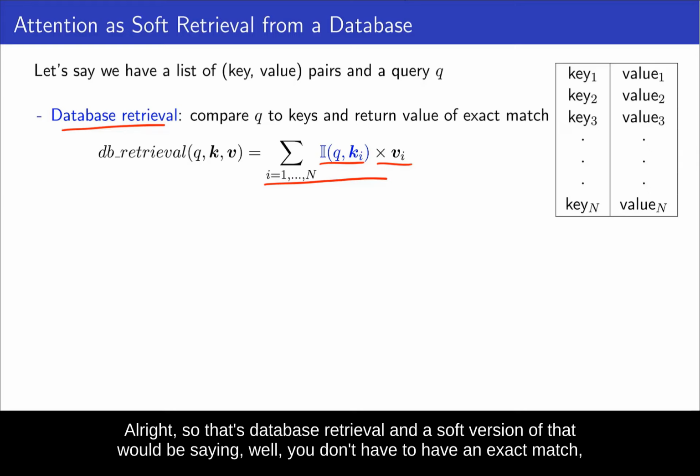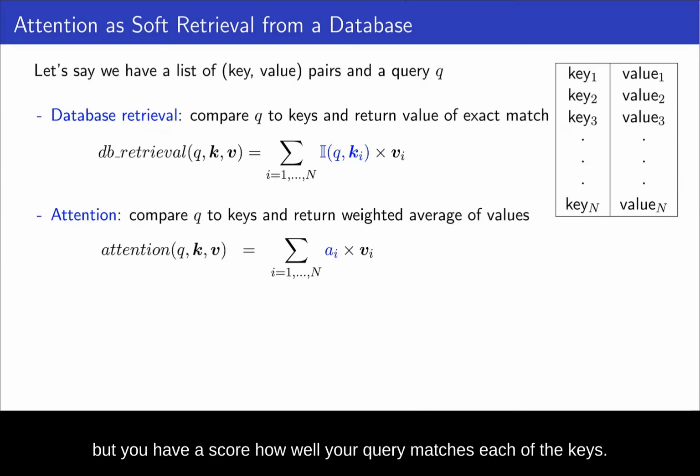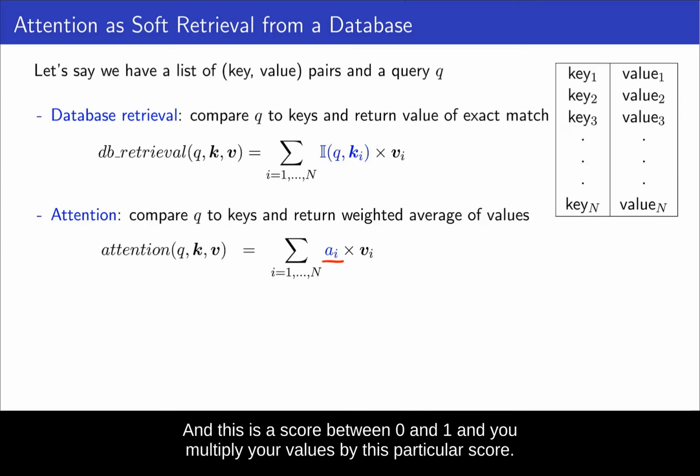And a soft version of that would be saying, well, you don't have to have an exact match, but you have a score how well your query matches each of the keys. And this is a score between 0 and 1, and you multiply your values by this particular score.